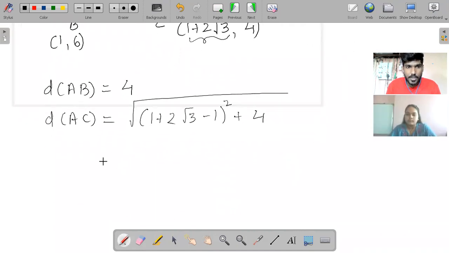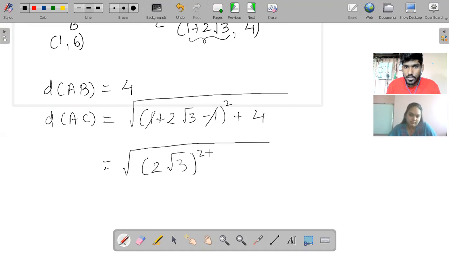Okay, now look at this step here. This plus 1 and minus 1, you can cancel it off. 1 minus 1 will become 0. So you'll be left with 2 root 3 the whole square plus 4.